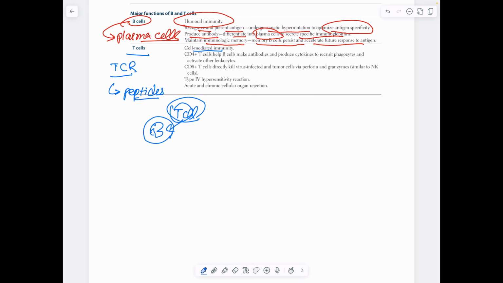It says, first someone must come to me and give me a presentation, and then I will attack that microorganism. So the antigen presenting cell will come, destroy it, make some pieces into an antigen, go to the T cell and present that antigen, and then the T cell becomes active and attacks the microorganism.